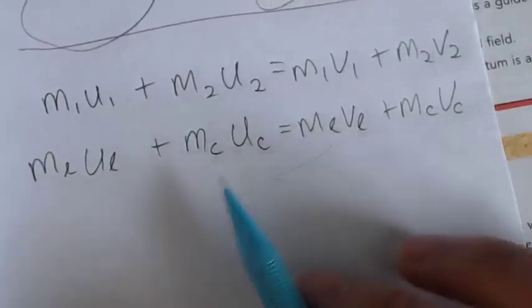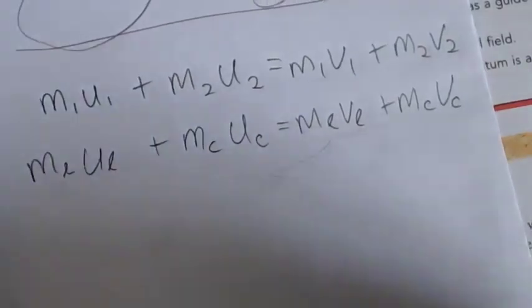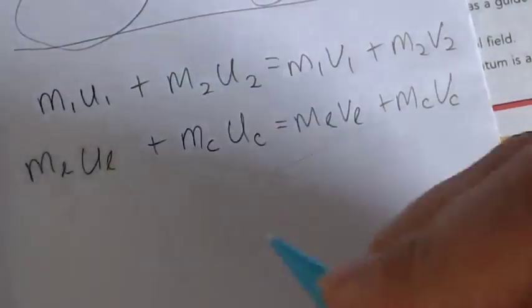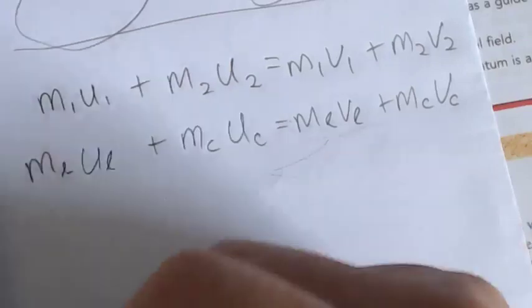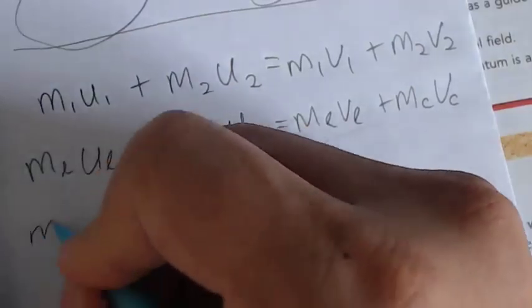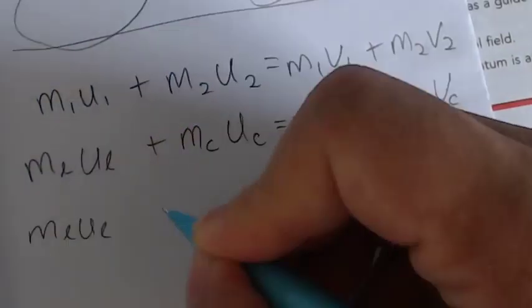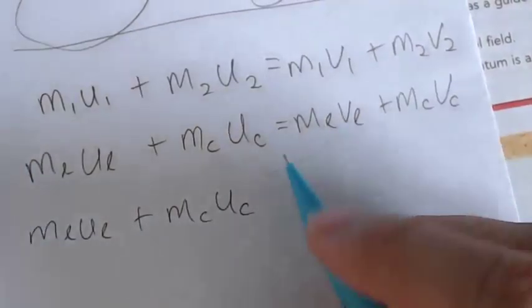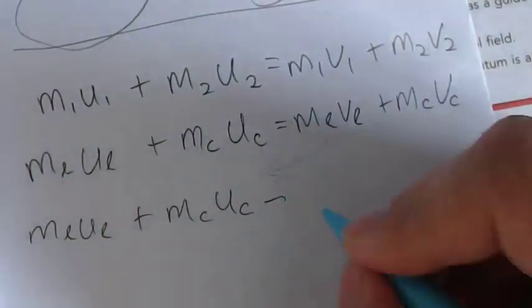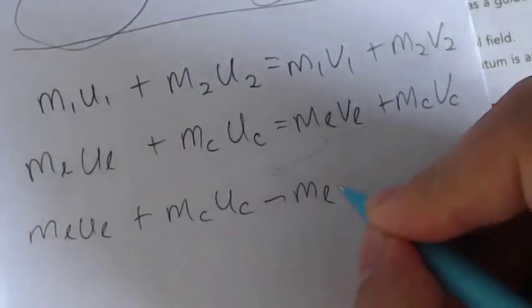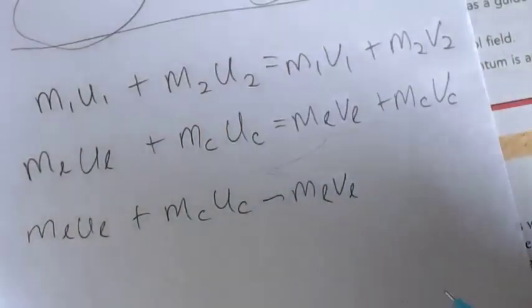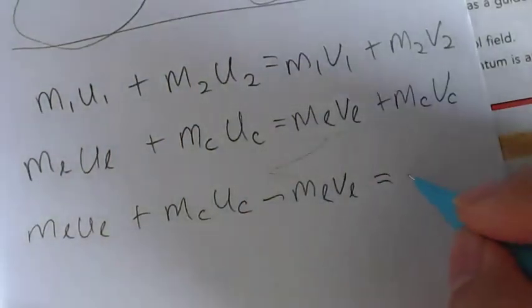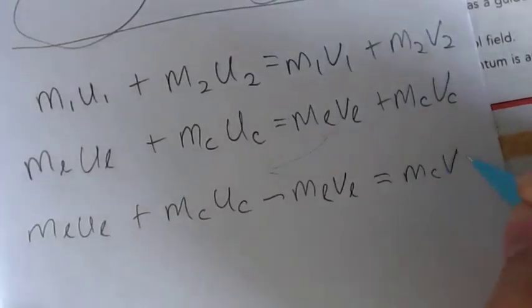So take this chance to do the algebra transfer. It becomes ML UL plus MC UC, minus ML VL, equal to MC VC.